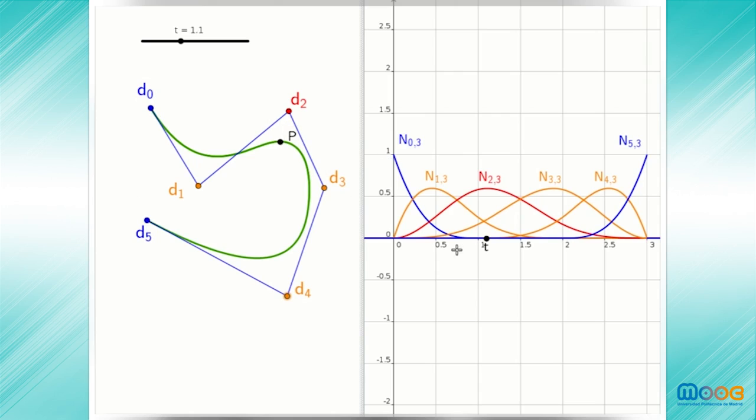This corresponds to the fact that t is not contained in the interval on which the graphs of these basis functions are positive. As we change t, and it moves outside of the interval on which basis function N sub 1,3 is positive, the corresponding control point, d sub 1, ceases to influence the position of p.